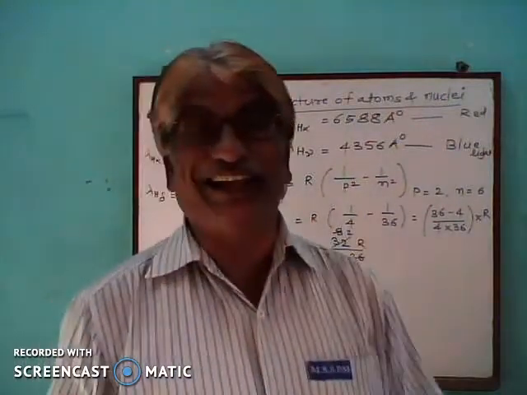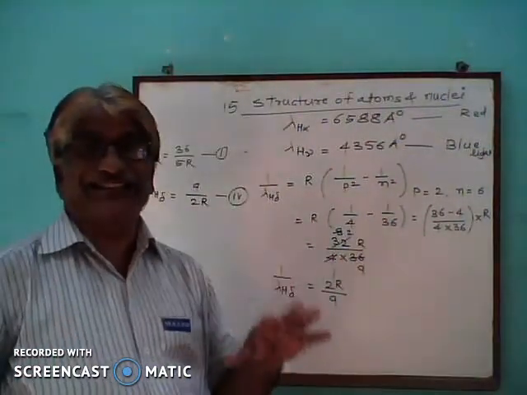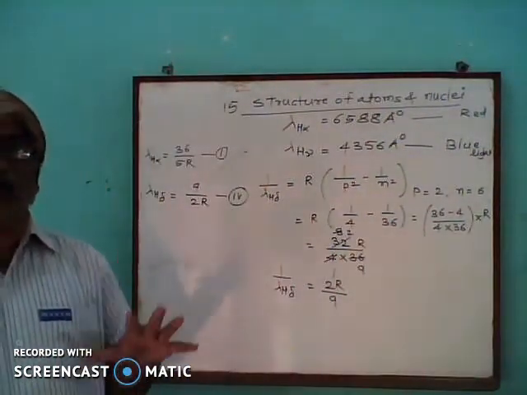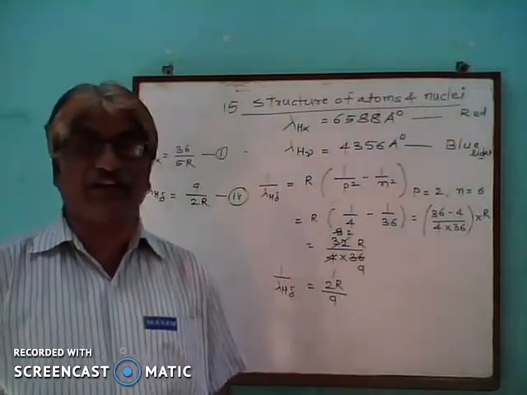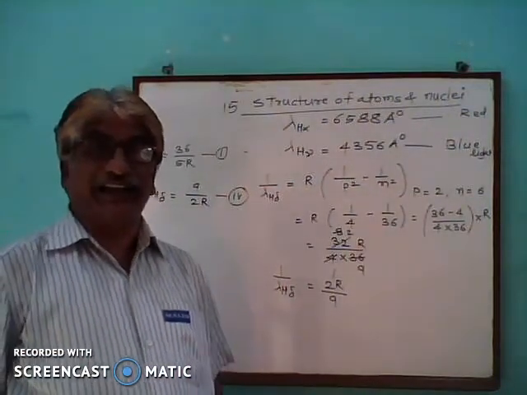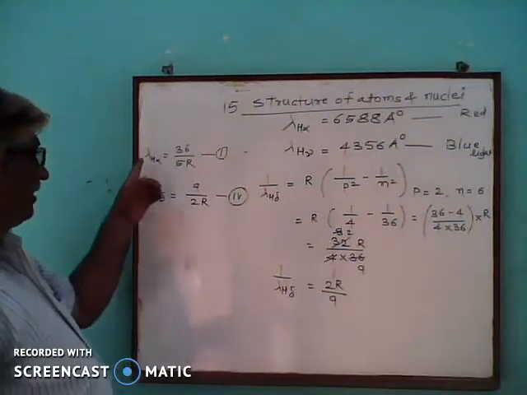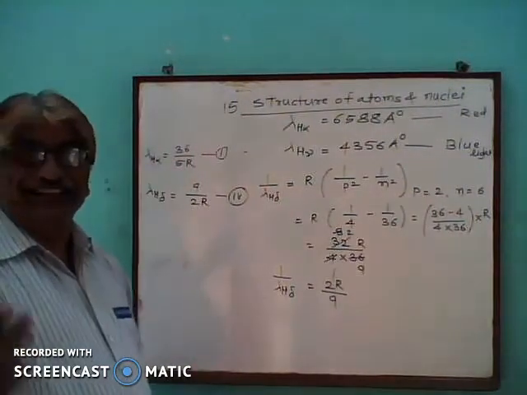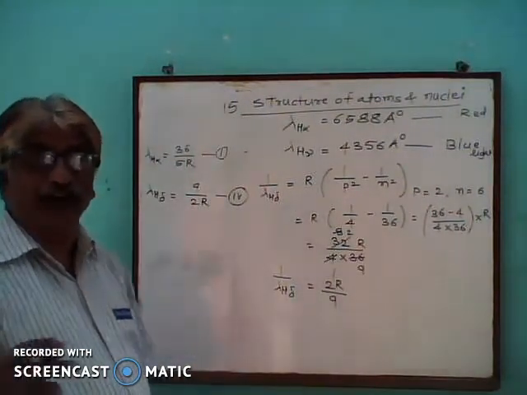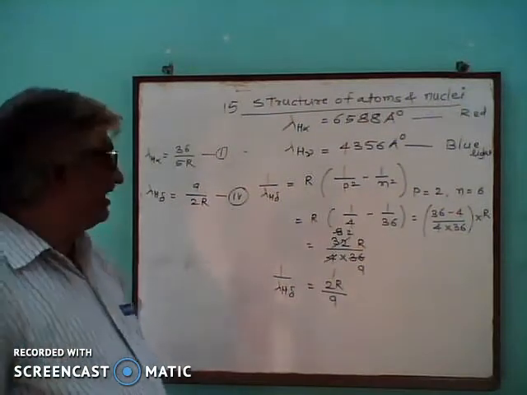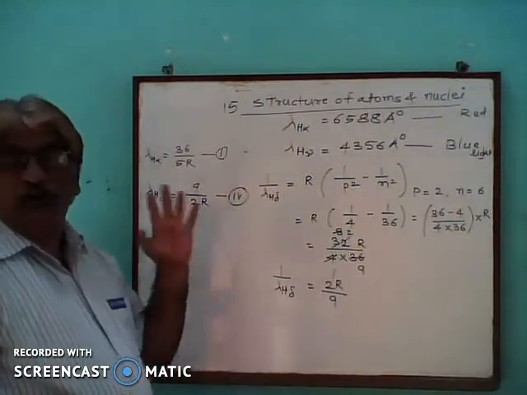We want to find the wavelength of the H delta line, so equation number 4 is obtained. We know that equation 1 gives lambda H alpha equal to 36 upon 5R, and lambda H delta is equal to 9 upon 2R.